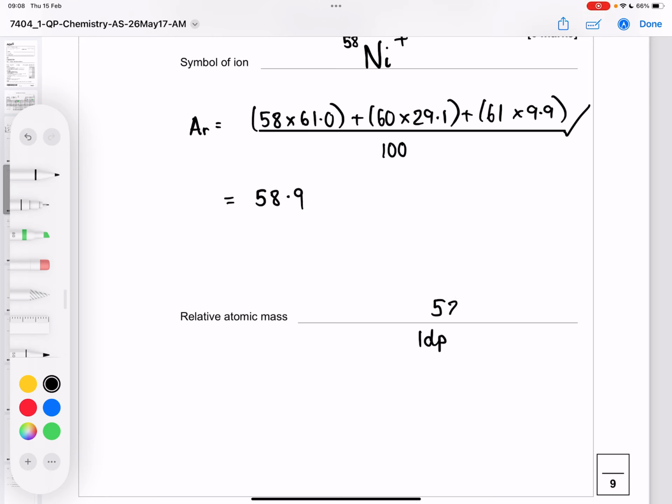Must be to 1 decimal place. If you had typed all that in your calculator it did give you 58.879, and you did need to round it up to 58.9.